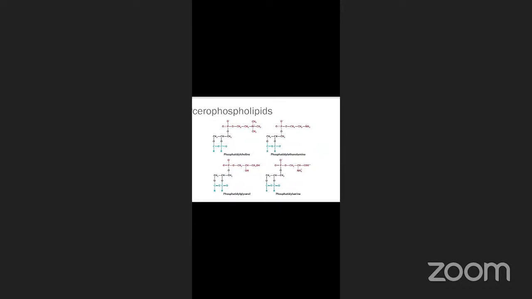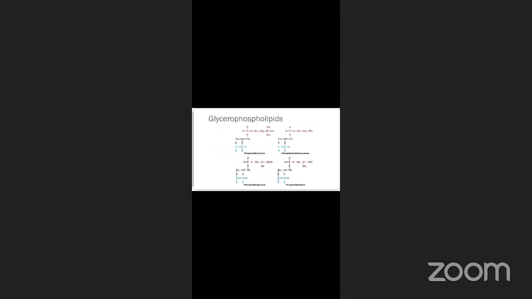If choline is present, it is phosphatidylcholine. If ethanolamine is present, phosphatidylethanolamine. If glycerol is present, phosphatidylglycerol. If serine is present, phosphatidylserine. Other than that, the structure is the same. These are all components of the plasma membrane.